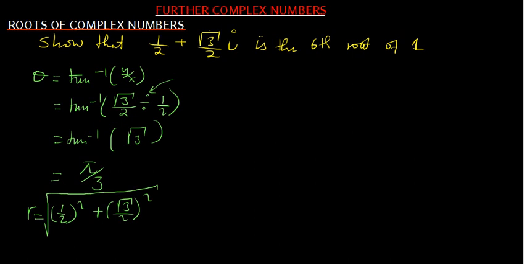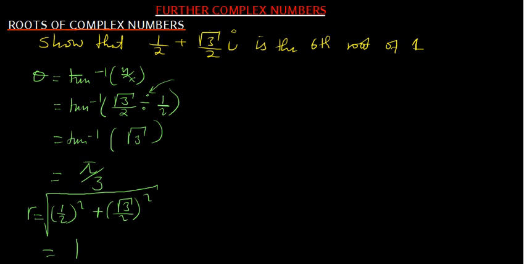Now 1 over 2 squared will give us 1 over 4. Root of 3 squared will give us a 3. 2 squared will give us a 4. Since we have the same denominators, just add the numerators. So 1 plus 3 will be what? A 4. That will be 4 over 4, which is a 1, and the root of 1 is a 1.